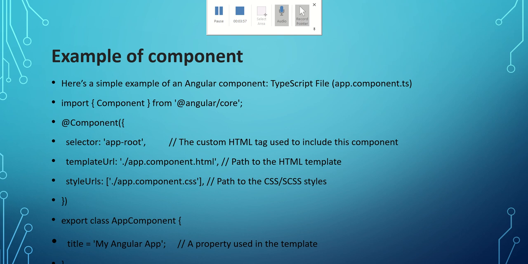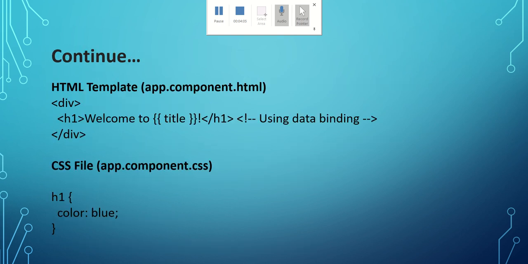And now we are exporting the component using the export keyword, export class AppComponent. And we have set up one property title as my Angular app. So HTML template app.component.html looks like a div, so it can be any HTML, and the CSS file can be any CSS file for the designing look and feel of the component.